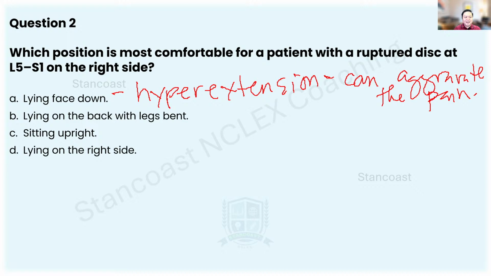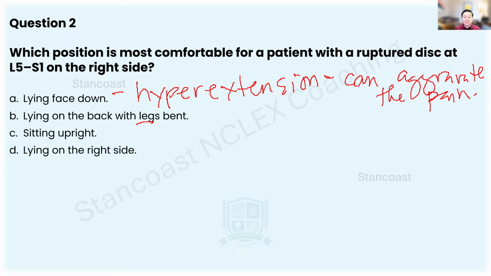Let's have letter B, lying on the back with legs bent. Will this help out? This is the position that is actually desired. It will reduce the pressure on the spinal nerve by allowing the disc to retract slightly, and this can also alleviate the pain. Having the patient flex their legs while they are in their supine position, this can open the spaces between the vertebra.